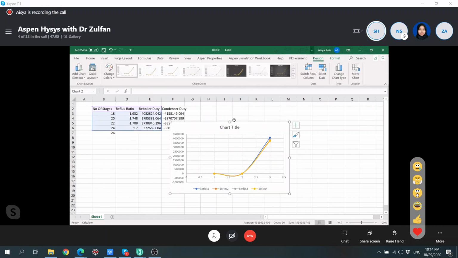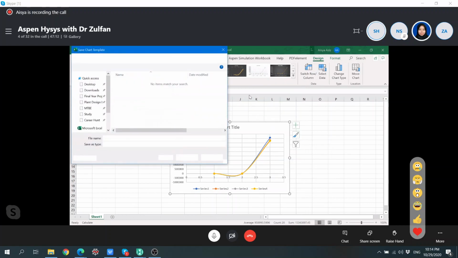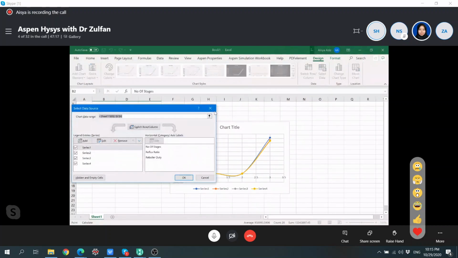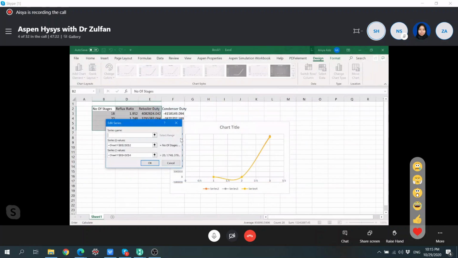Right click on that chart and then select data. Then you go edit, and you can name it whatever you like. For example, reflux ratio. Your x-axis should be the number of stages. Delete all of them.